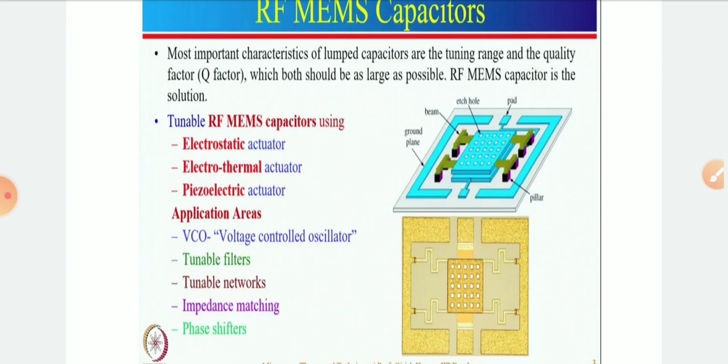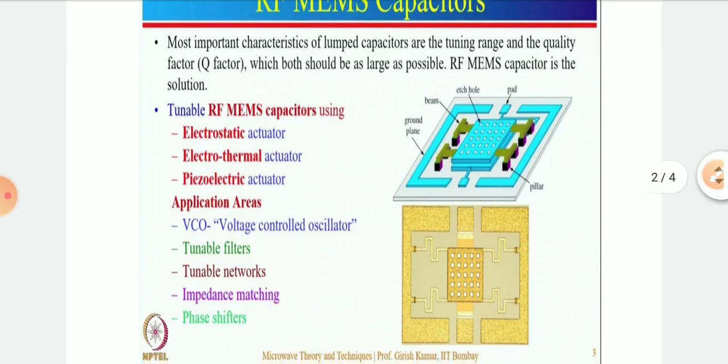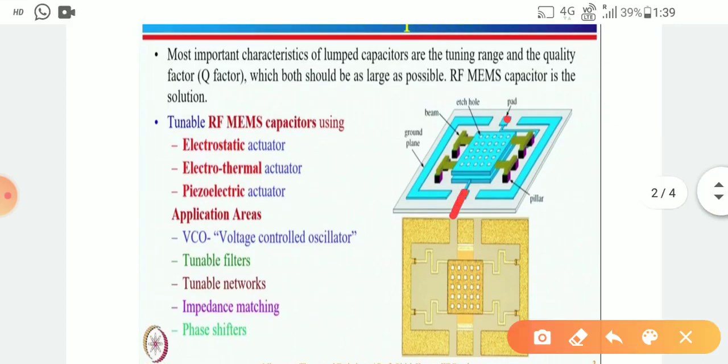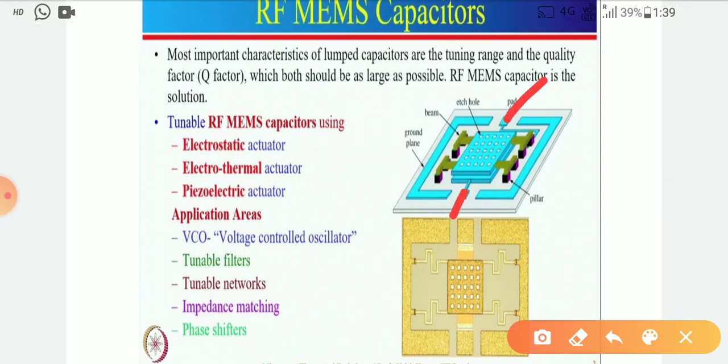When the bias voltage is applied between the controlling pads, which you can see on both sides attached to the bottom plate, the piezoelectric actuator moves down the dielectric of the top metal plate. It provides area tuning instead of gap tuning, because there is no limit on area tuning.